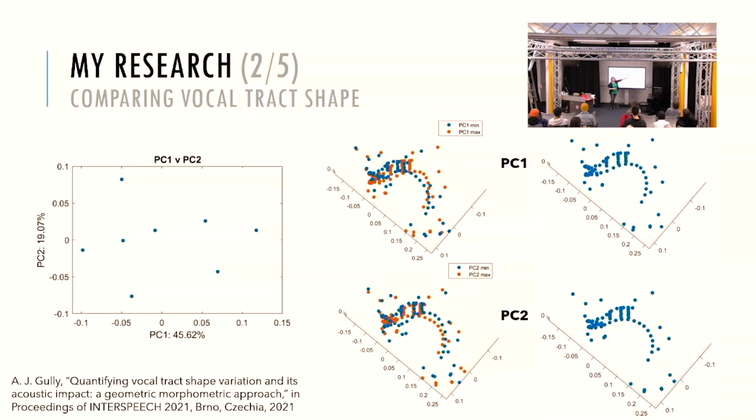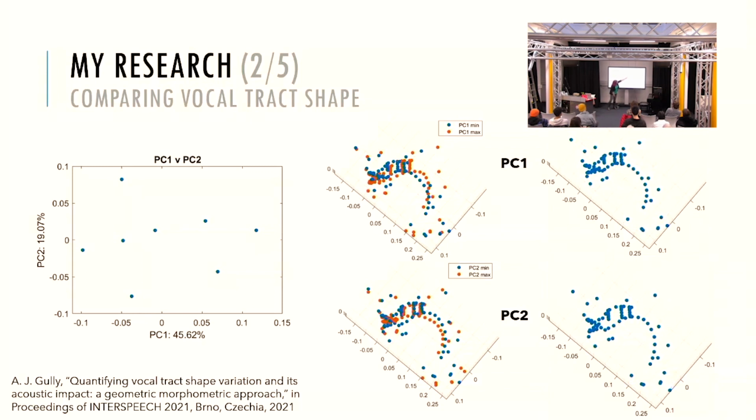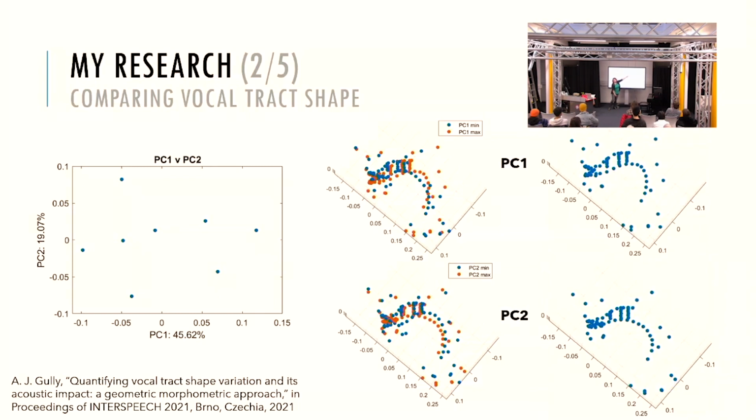So I've also put the minimum and maxima here. And what you might be able to see here, it's a bit difficult, is that hard palate shape is sort of getting more and less domed, and the tongue shape is kind of following that. Yeah, it may be easier to see here, but it's a bit slow.